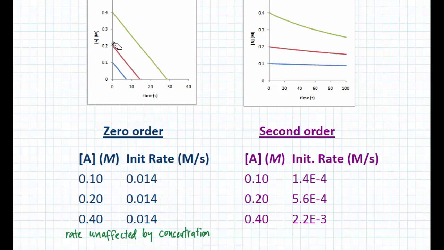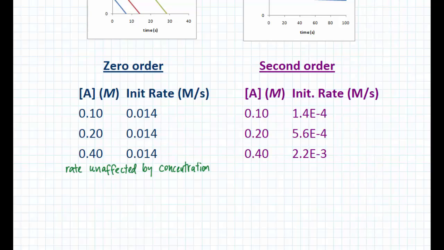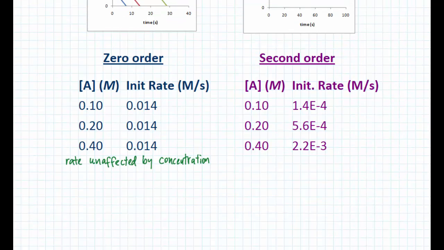All of these initial concentrations are different, but all of those initial rates are the same. So with rate unaffected by concentration, we could do a method of initial rates if we just picked those ones.